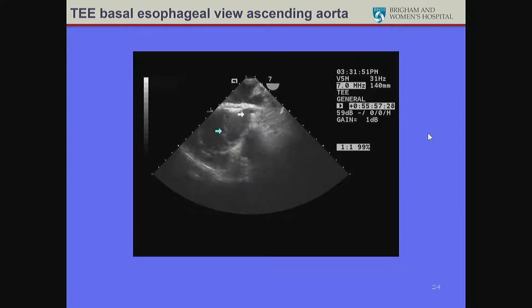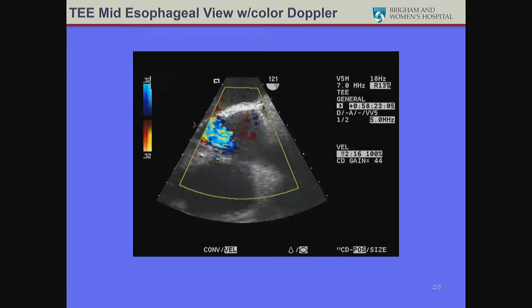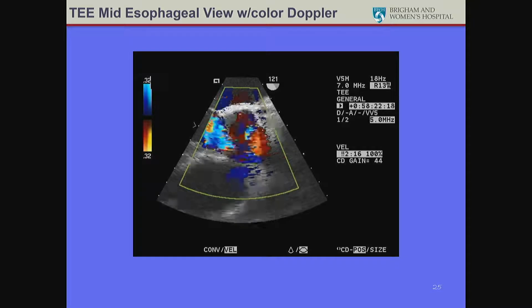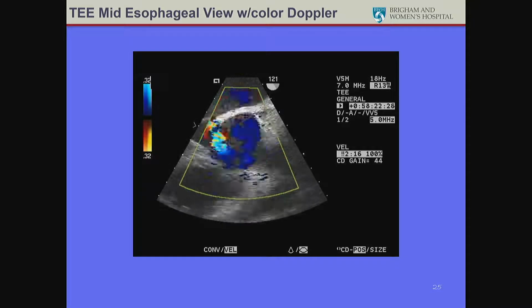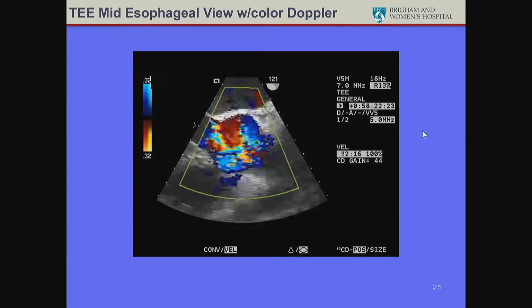This next slide demonstrates transesophageal echo basal esophageal view of the ascending aorta and origin of the left coronary artery. This next view demonstrates mid-esophageal TEE view with color Doppler of the aortic valve.